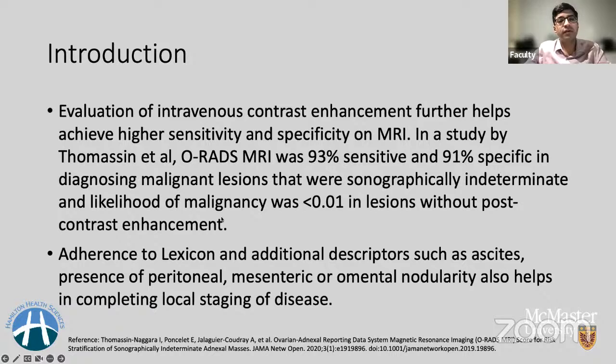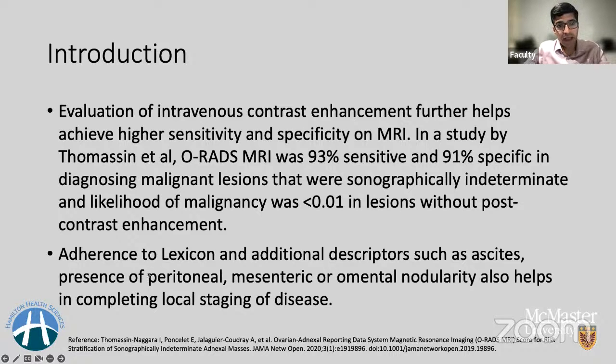So if you do a pelvic ultrasound, see an indeterminate lesion and recommend an MR, and if there is no enhancement whatsoever, the likelihood of malignancy in those cases is going to be less than 0.01. So you can see that MRI does an amazing job in rejecting the benign lesions and showing the malignant lesions. And that's exactly what you want to do with O-RADS MRI scoring.